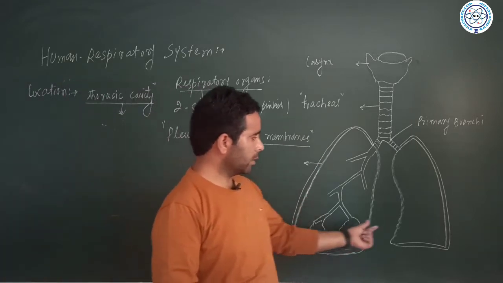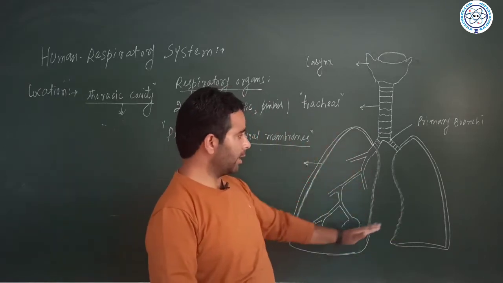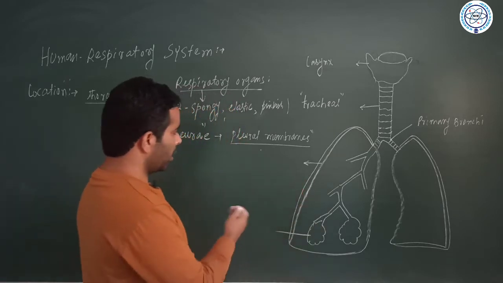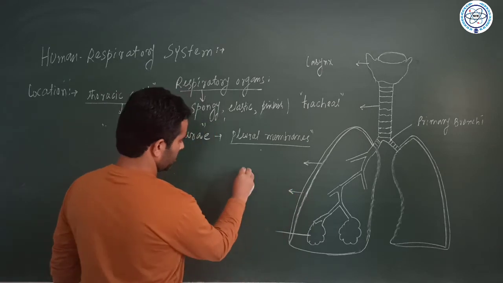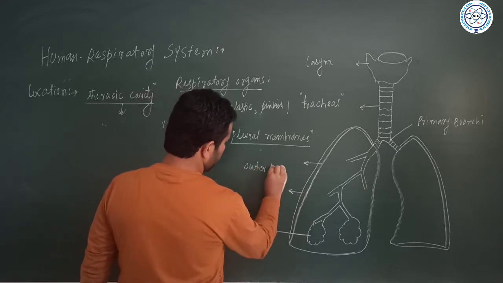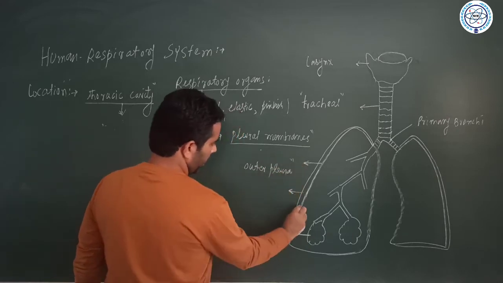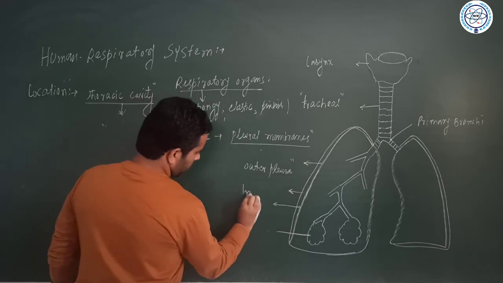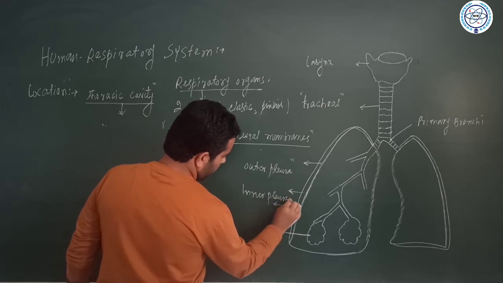This is the right lung, this is the left lung, right? And outside both these spongy lungs, there are pleural membranes. From outside to inside, we can say there is the outer pleura, and the inner one is known as the inner pleura or inner pleural membrane.